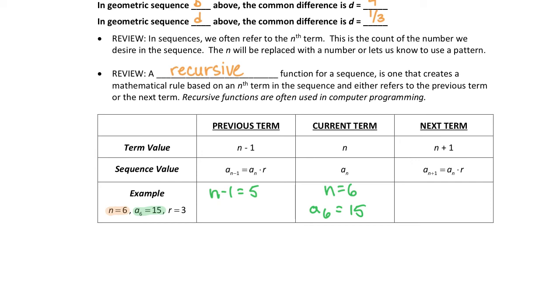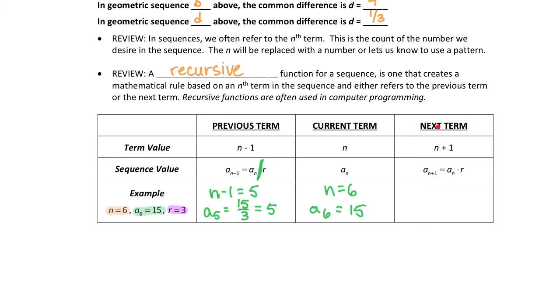And I just noticed there's a mistake in my notes, so just change that multiplication symbol. That should be a division. I should be dividing. So that means I would take 15 and divide it by r, divide 15 by 3. And that is going to equal 5.